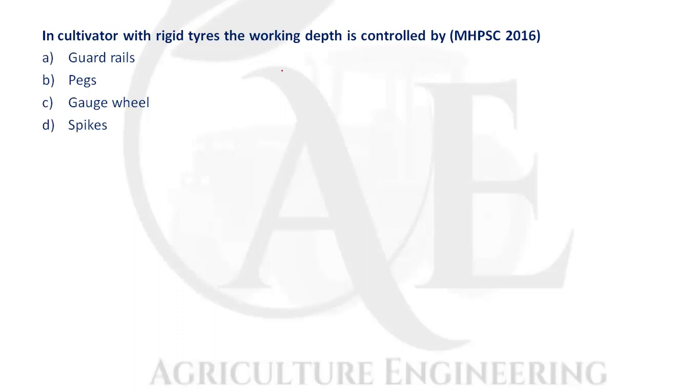In cultivator with rigid tines, the working depth is controlled by. So the working depth can be controlled by a pair of gauge wheels. Okay, pair of gauge wheels. So this rigid tine cultivator cannot deflect.